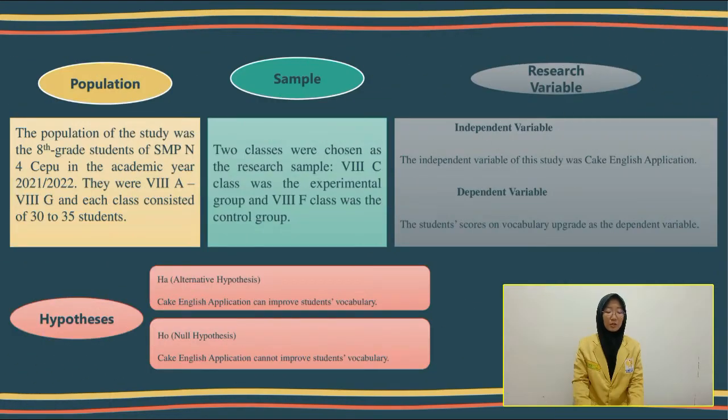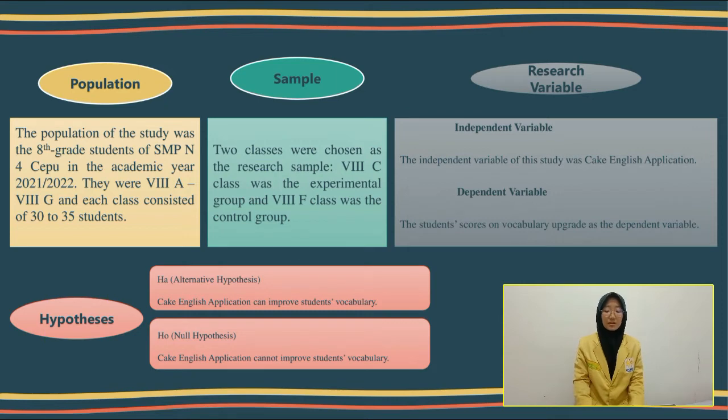The population is the 8th grade students of the junior high school in Cepu in the academic year 2021 to 2022. They were classes 8A to 8D, and each class consists of 30 to 35 students. For the sample, two classes were chosen: 8C as the experimental group and 8F as the control group.